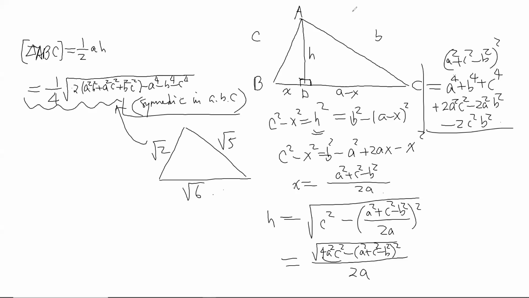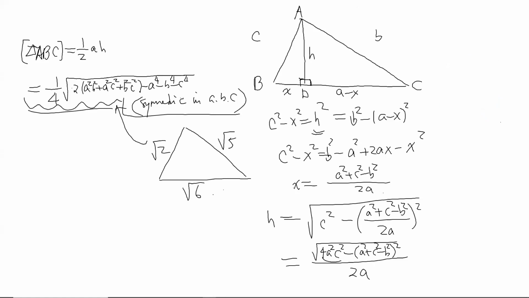Okay, but this one doesn't lead to Heron's formula. So how do I go from here to Heron's formula instead? Heron's formula is just going from here to this. So we're going to rewrite this as 1/2 of 2a. So we use the difference of squares.